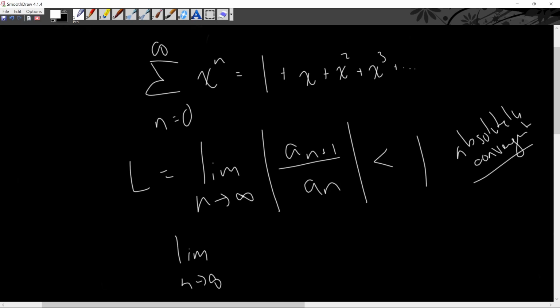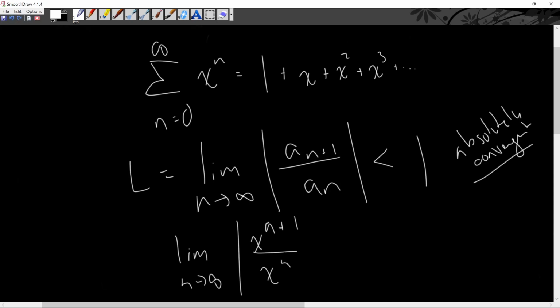And that is really important, as we'll see in just a second. So we have a sub n plus 1, which we are going to say is x to the n plus 1, not x sub n plus 1, x to the n plus 1 over x to the n.